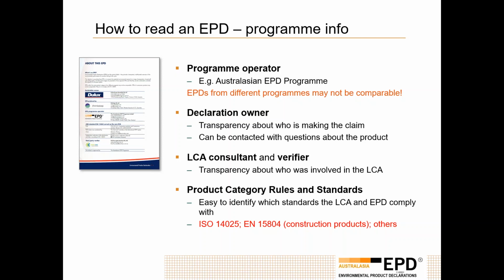Now, that is very important again if you're comparing EPDs, because only when they're based on the same standards are you able to compare. And even then, if they're based on ISO 14025, that might not always be the case. So the whole reason why EN 15804 was developed is because it actually allows that comparison at a product level and at a building level. More about that later.